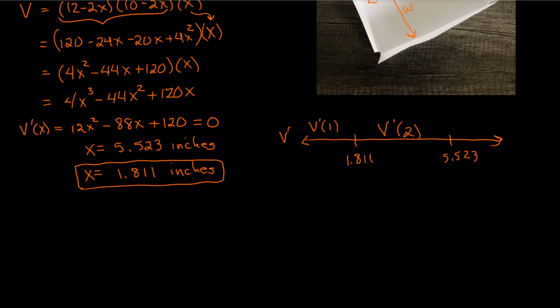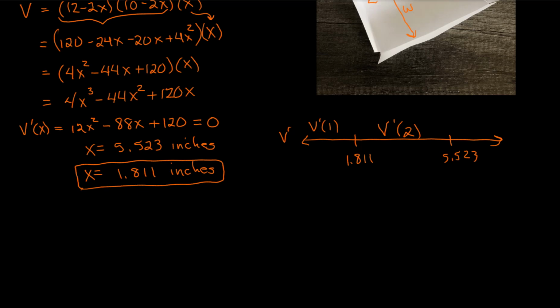I could evaluate like this. Now it's going to require me to evaluate twice. So it might just be the quickest way to do this is to put in 12x squared minus 88x plus 120. Go to the table on my calculator. I know I'm not showing you the calculator at this point. I'm assuming you're good to go with that.